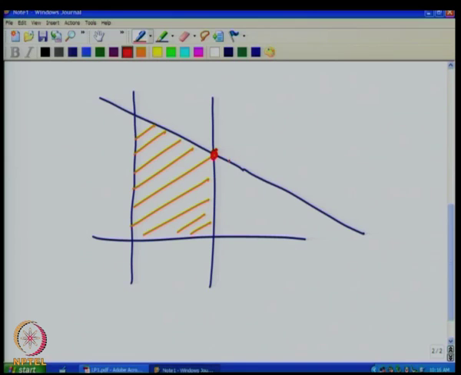Then this constraint and these constraints are active at this point. Now, one could have an extra constraint like this, and you will see that this constraint is redundant. So, when we have three constraints active at an extreme point in two-dimensional space, one of the constraints can be treated as redundant.